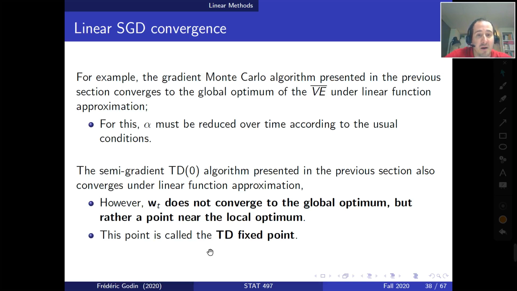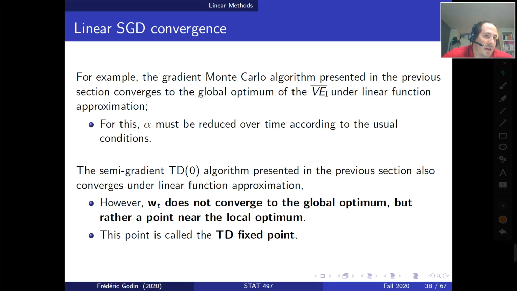So to the set of parameters which minimize our objective function, VE bar, where we recall VE bar represents the mean square error of the value function between the true value function and its approximated value when we weight the various states by the on-policy distribution, or the percentage of times we spend in each state asymptotically. So this is a nice result.